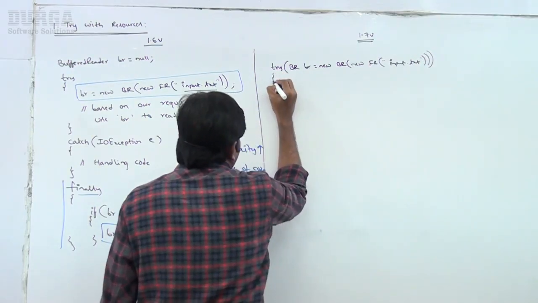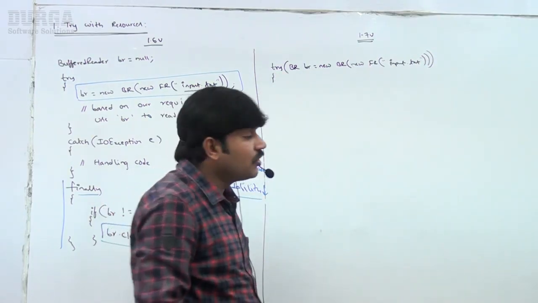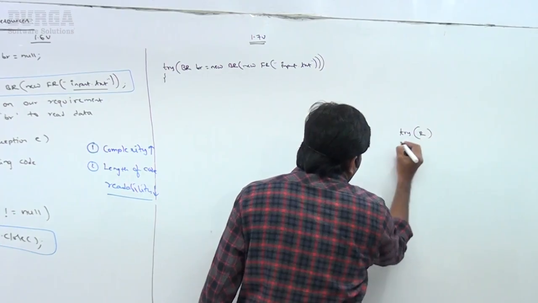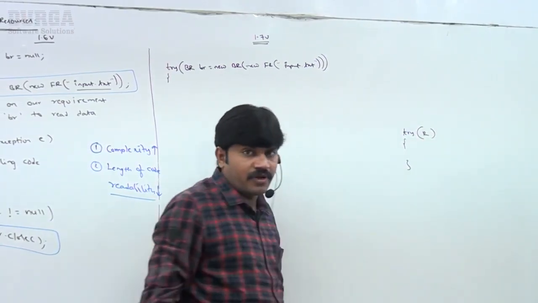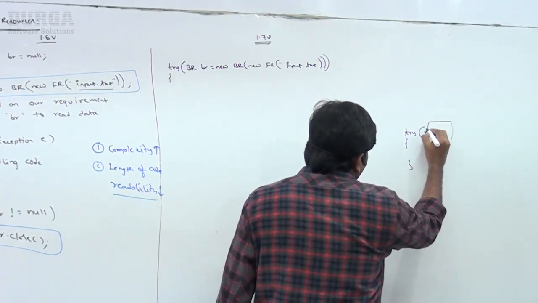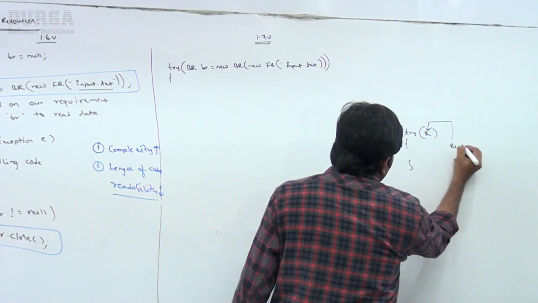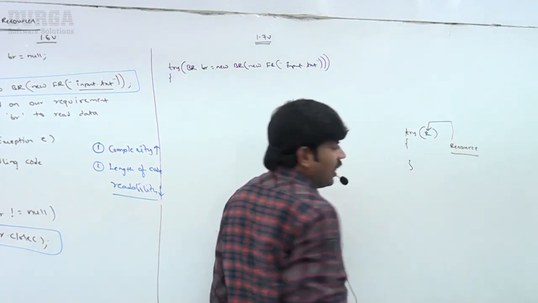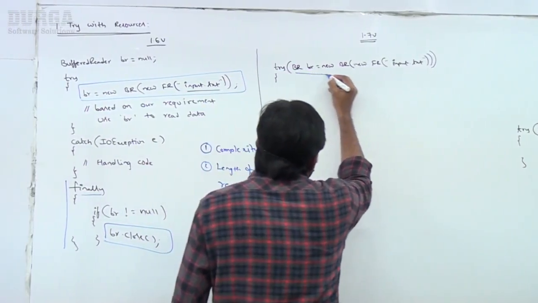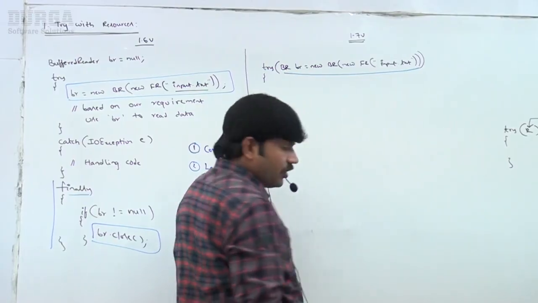Like this I am taking, sir. Do you know the syntax of try-with-resources is something like try(R)? Observe carefully, sir: try(R) like this. This R itself is a resource. Now this total thing is treated as a resource.